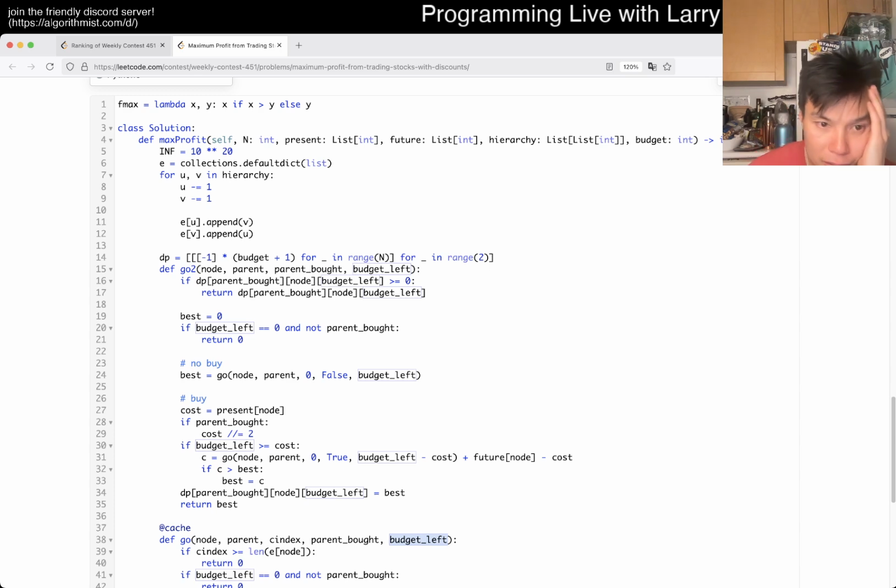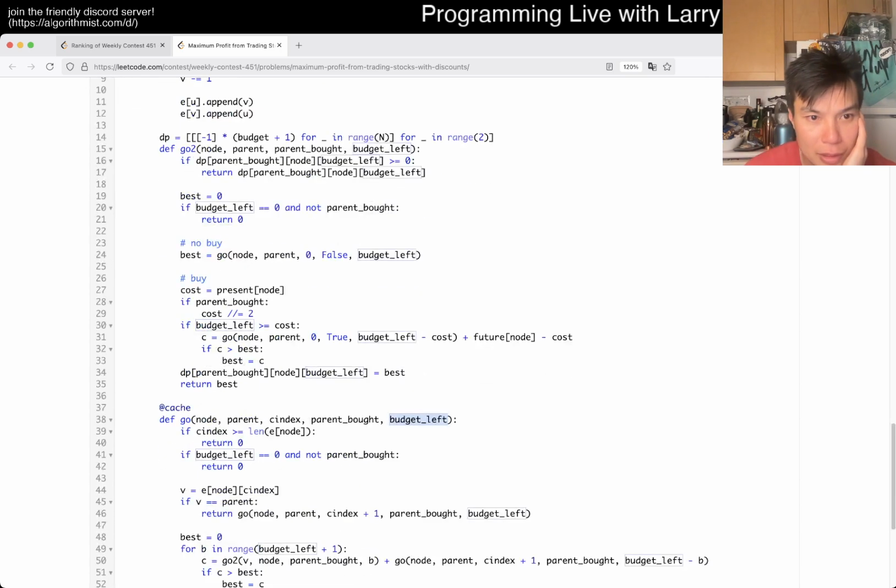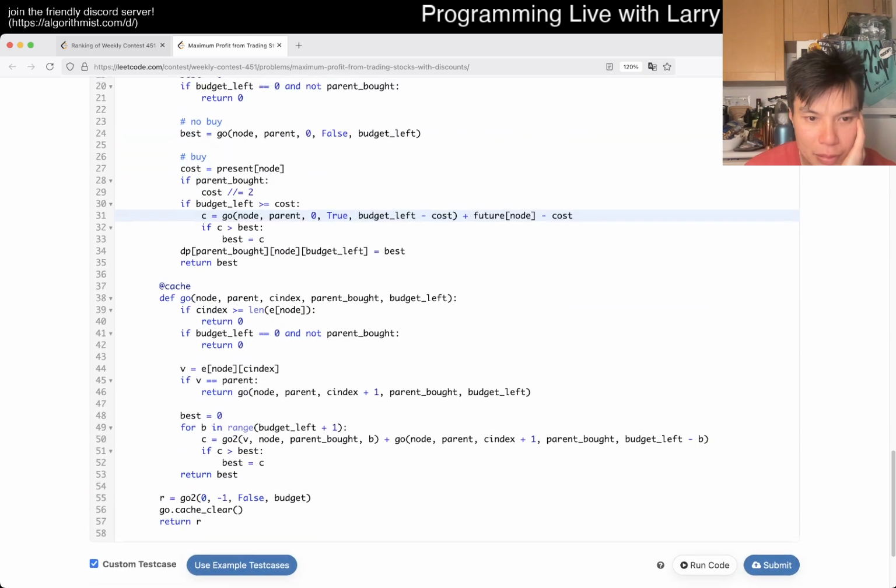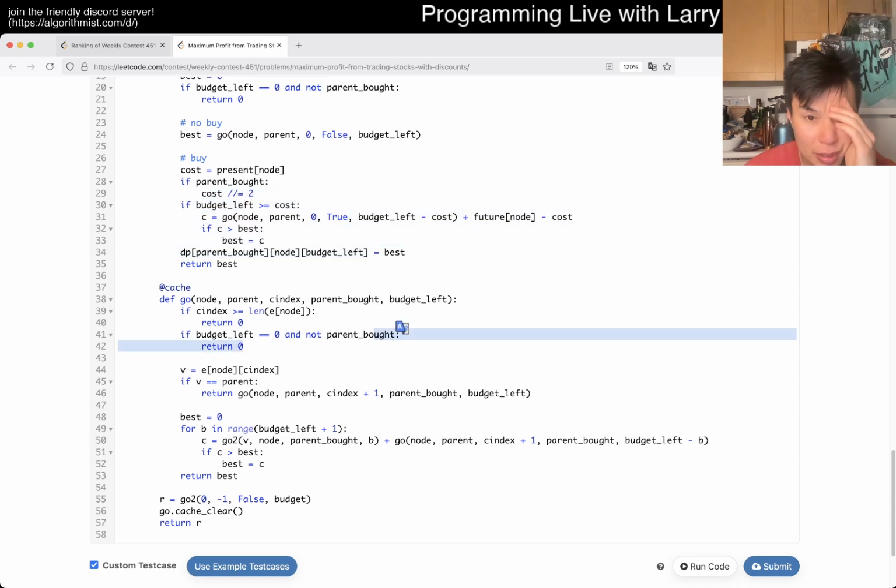I don't know if there is a way to optimize this. No buy, and go for the yes buy. Okay. I mean, this part is fine. Oh, I don't know, but it's fast enough.